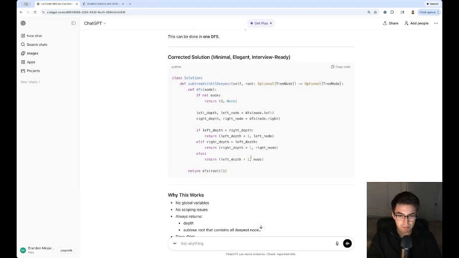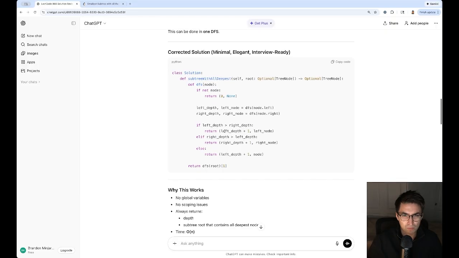It looks a lot nicer. I have to say that. If left depth is greater than right depth. Okay.